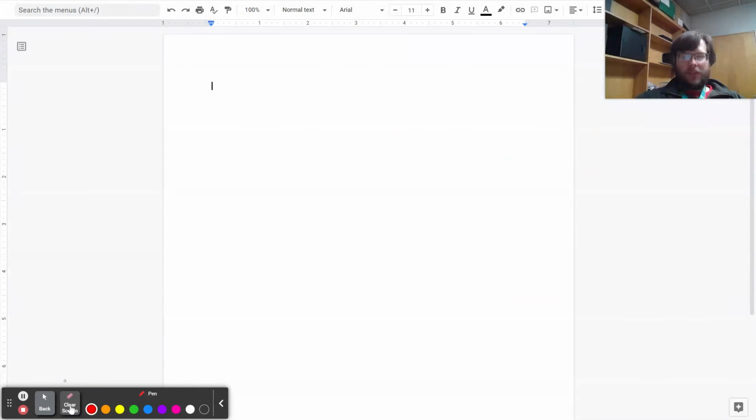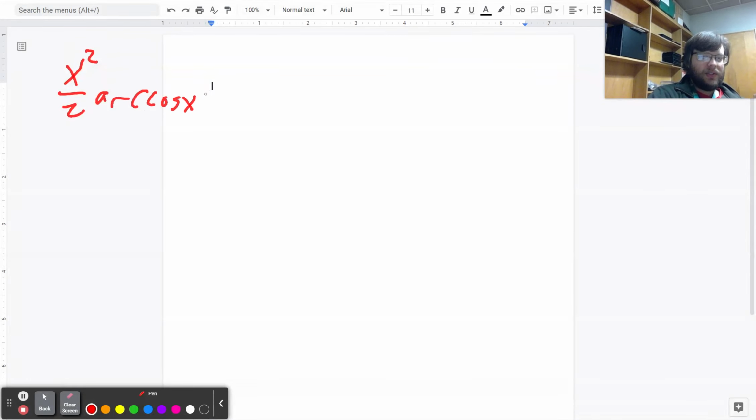All right, so here's where we've gotten to so far. X squared over 2 arc cosine x minus 1/2 integral cosine squared theta d theta.